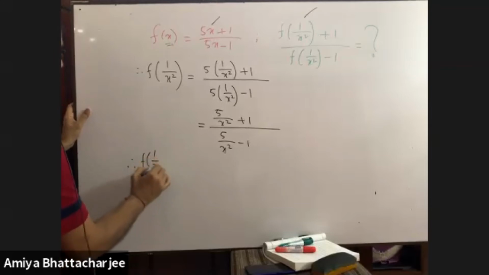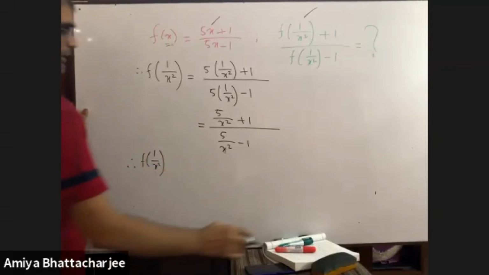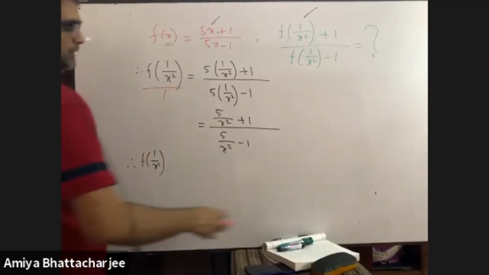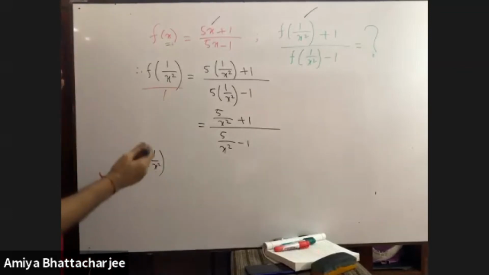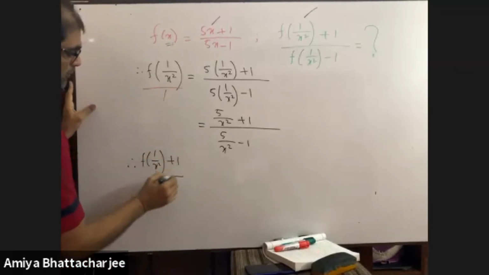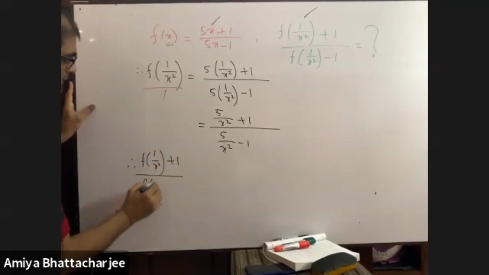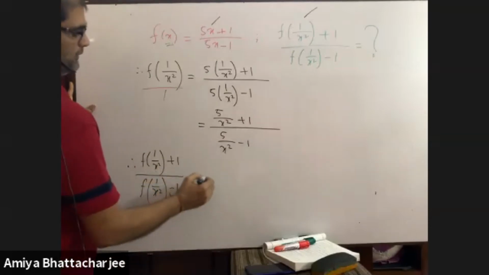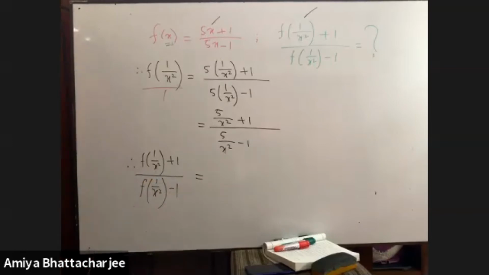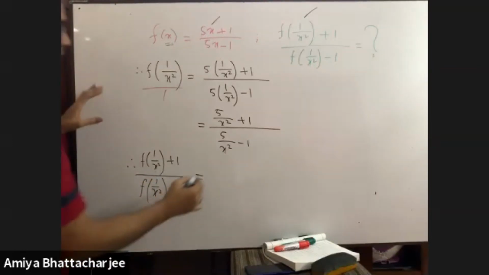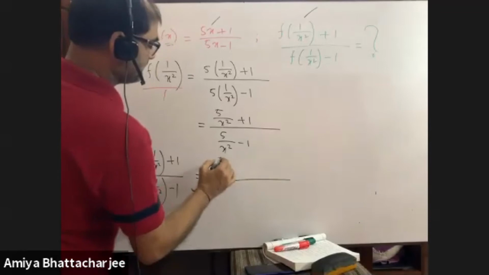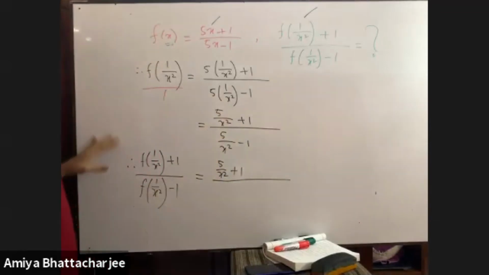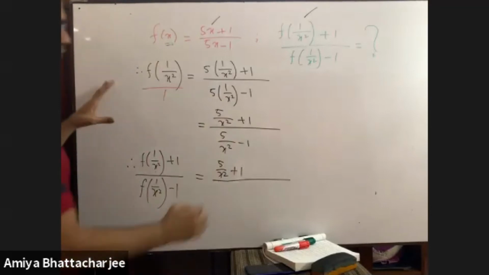f of 1 by x square, and we have already come to know that here there is 1 in the denominator, right? So f of 1 by x square plus 1 by f of 1 by x square minus 1. I have got the componendo and dividendo. Now here what should be written: 5 by x square plus 1, this is the componendo, plus dividendo.